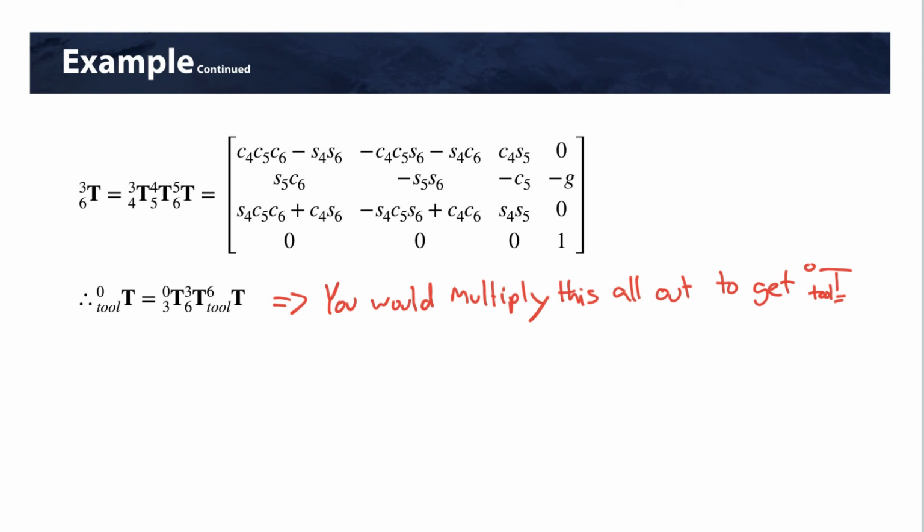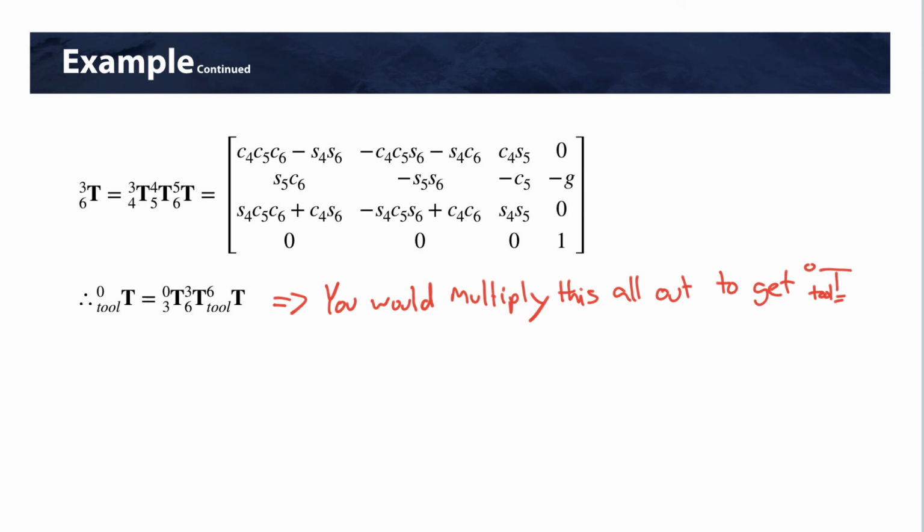We're not going to do that because it'll just be a fairly big mess, but you get the idea how it's done. So that is the complete forward displacement solution for our spatial 6 degree of freedom robot arm, and you would do the same thing for any other arm.